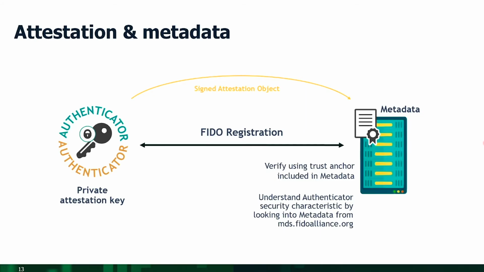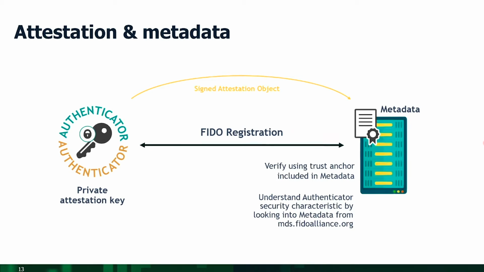I mentioned on a previous slide the notion of an attestation certificate or an attestation object. And this is a piece of information that the authenticator can provide to the relying party when an authenticator is being registered for use. The idea is that this is a way of proving to the relying party that the authenticator being used is what they say they are. Every authenticator, or batches of authenticators, batches tend to be 100,000 or more, has a unique number called an AAGUID, and associated with that would be the attestation object.